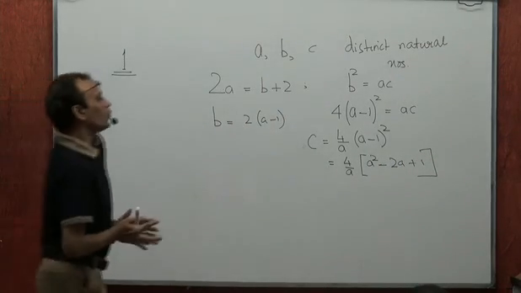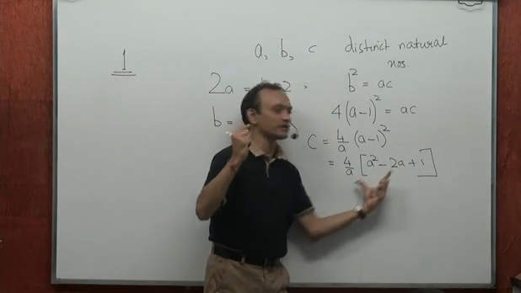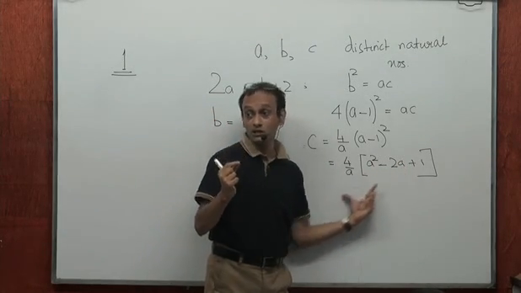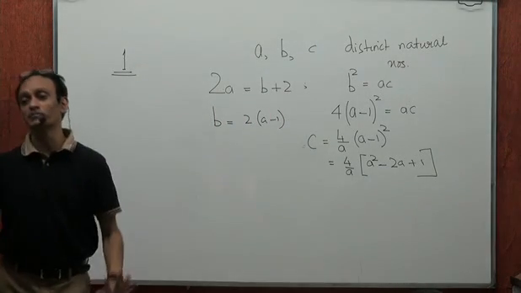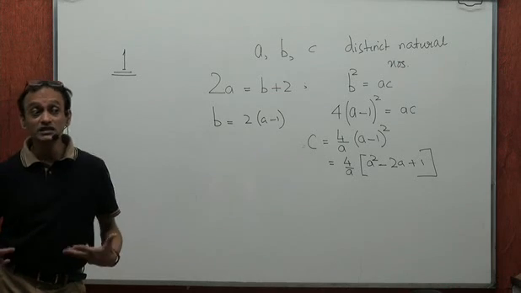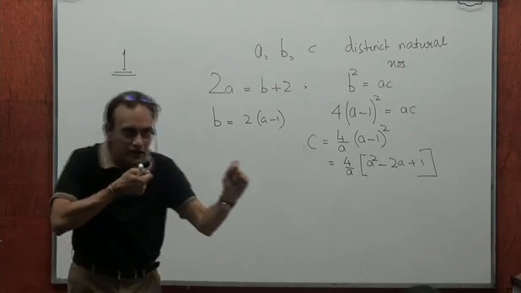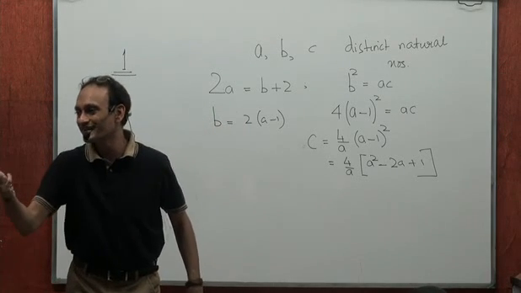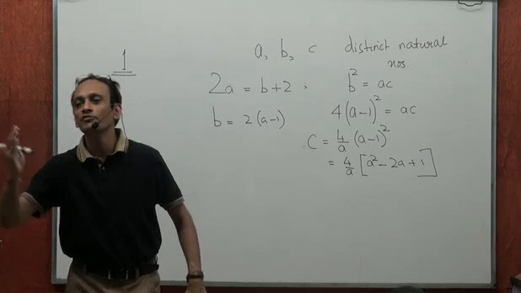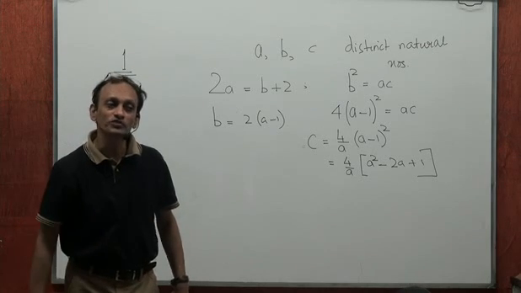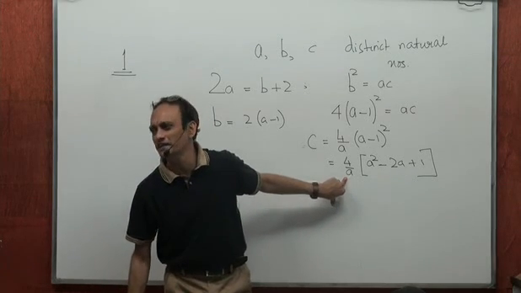Now, C has become a certain ratio. What fact have we not yet deployed in this algebraic manipulation? The fact that a, b, c are integers, or natural numbers, has not yet been injected into the system. So we now start to explore that. This a is sitting isolated outside.